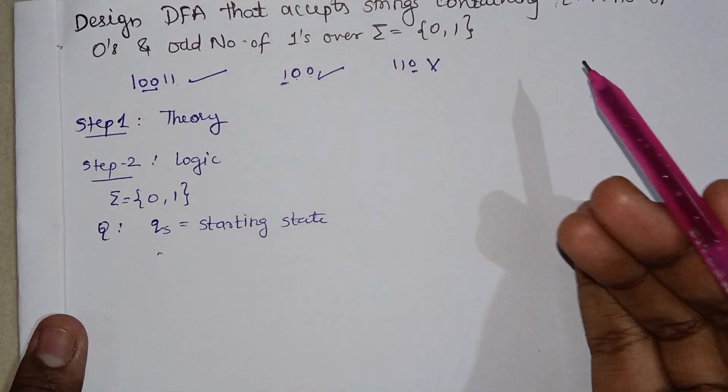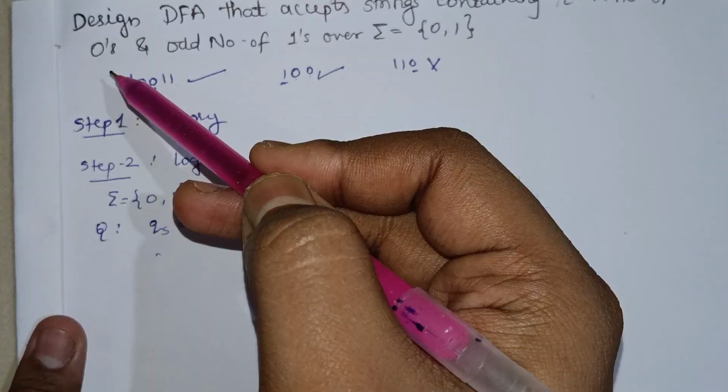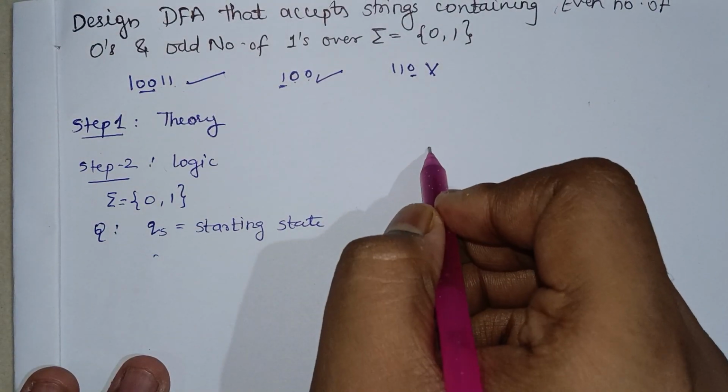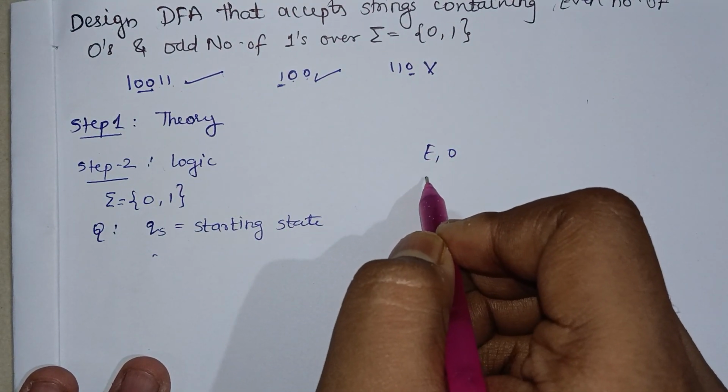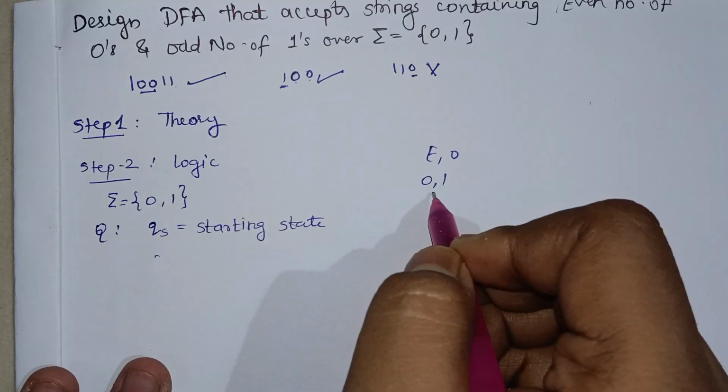See, we want an even number of zeros and an odd number of ones, meaning even and odd, and we have 0 and 1.